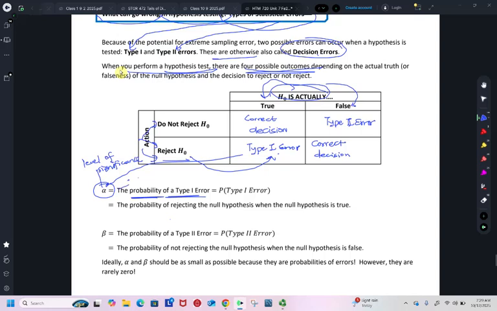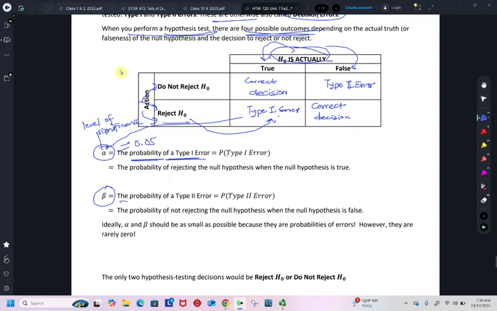So if I set my alpha to be 0.05, it means there's a 5% chance that I admit to myself as a researcher that I could be making a type 1 error, rejecting the null hypothesis when in fact it is true, just because that is what my sample data evidence presented me with. And that could sometimes be traced back to the sampling process. If you use a convenient sample, it could be biased and could ultimately lead to a type 1 error or type 2 error. Whereas on the other hand, beta will represent the probability of type 2 error.